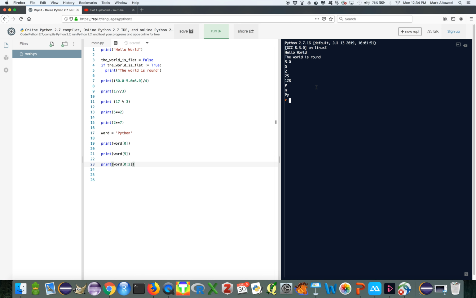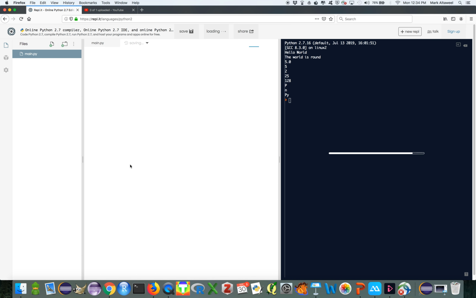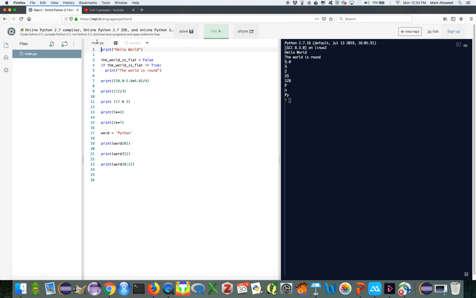So what's happening here is the first value, 0, to the left of the colon, is telling it to get the first value, that is the 0th location. The one on the right tells it the limit of which you want the results. So we're getting the first two values because the one on the right of the colon is not inclusive, but rather it's the limit of your results.